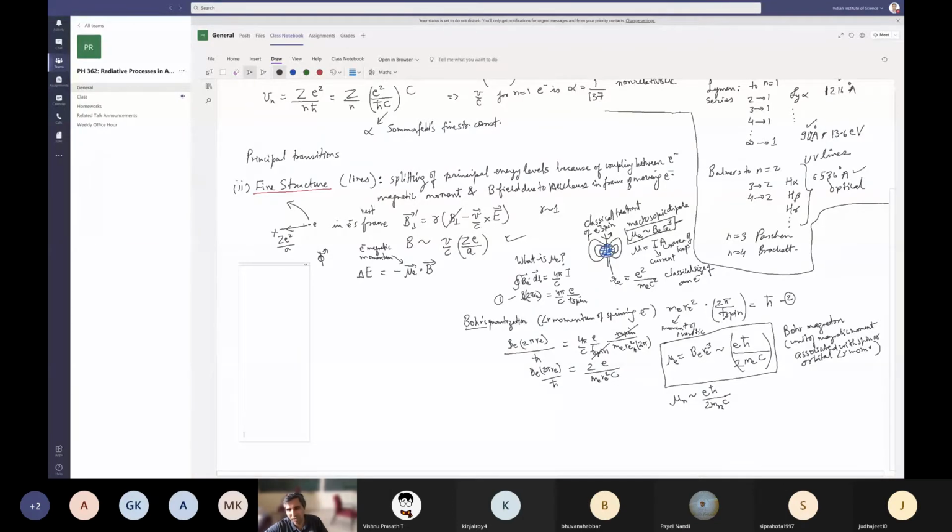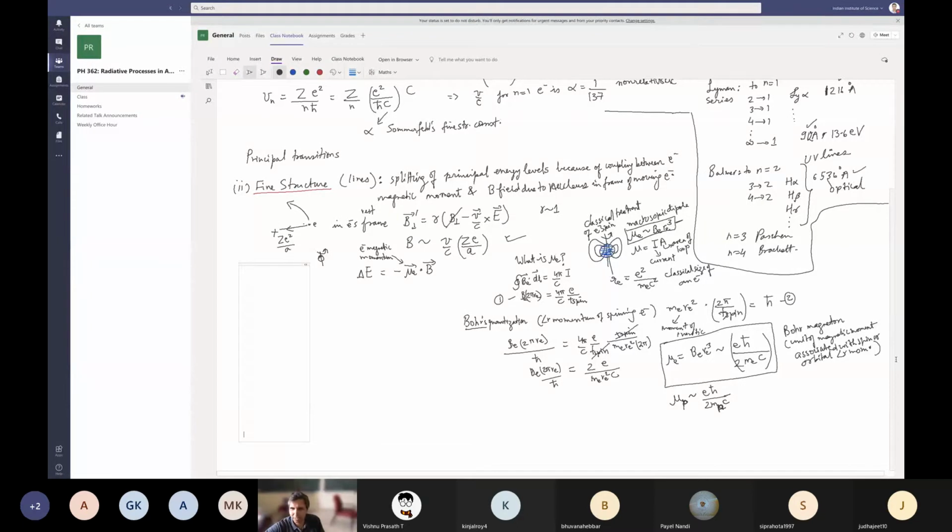So the same process, you have a spinning, let's say, proton or a nucleus which has some charge, then this becomes the proton's mass. So the magnetic moment for a proton is smaller than the magnetic moment for an electron because it's more massive.